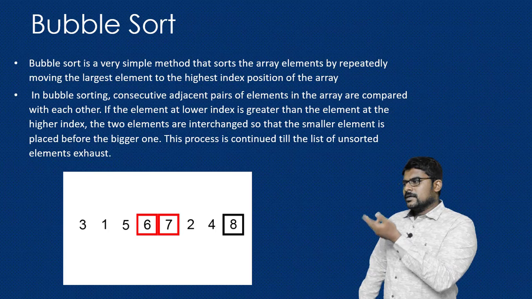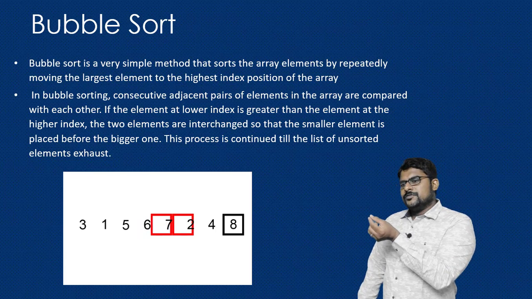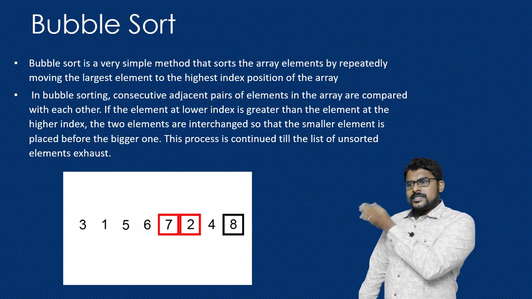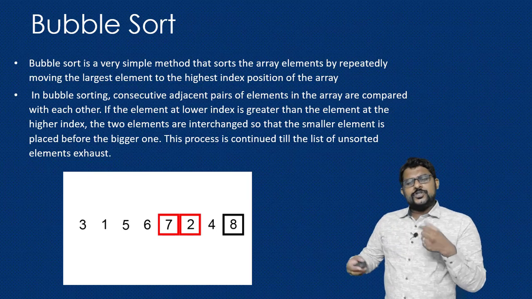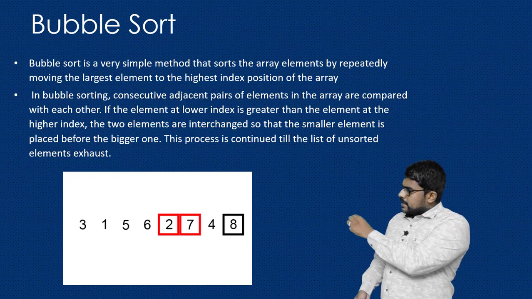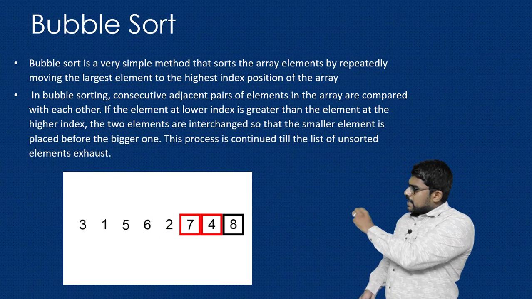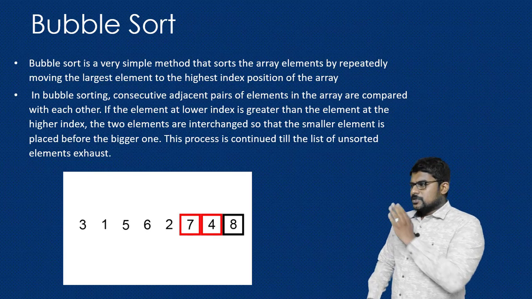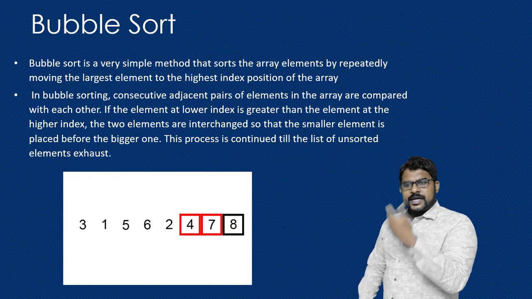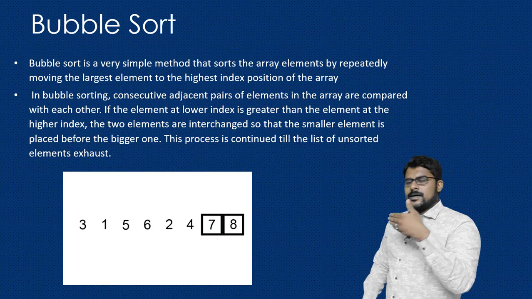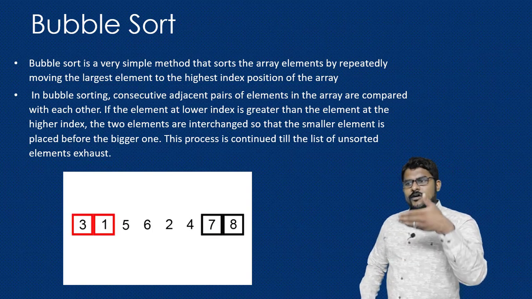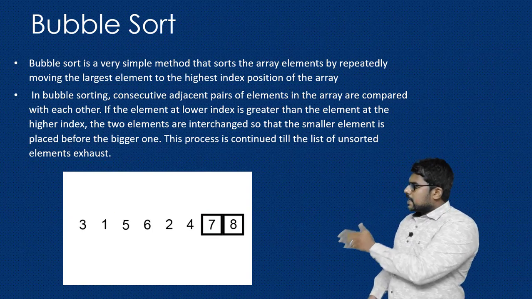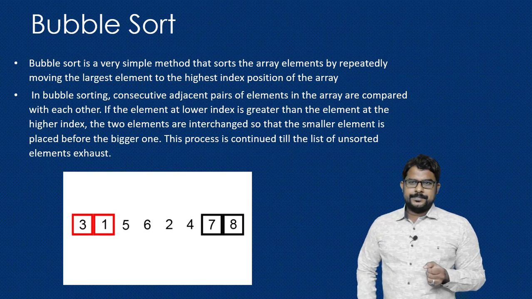This swapping is done until the highest value is sent to one side of the array. This way, every time it bubbles away the highest element to the other side. There are many passes, and after the last pass the entire array will be sorted.